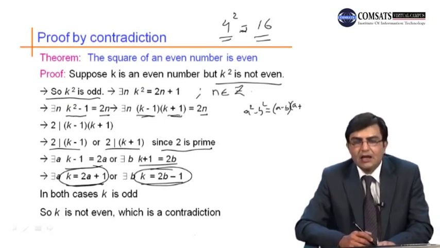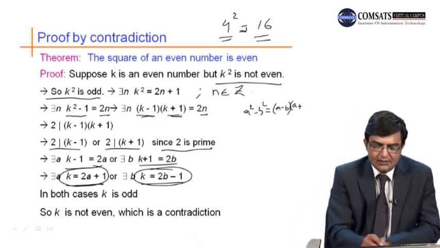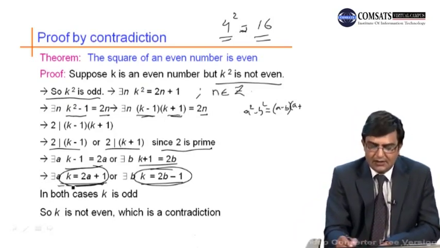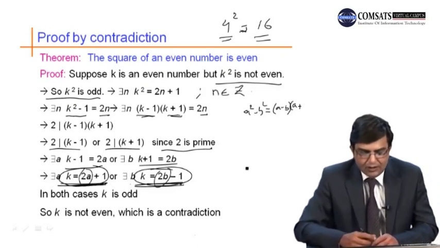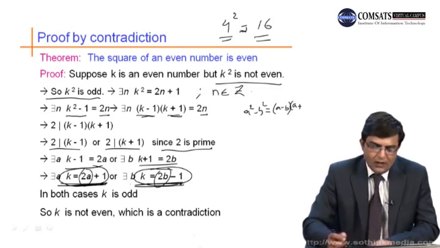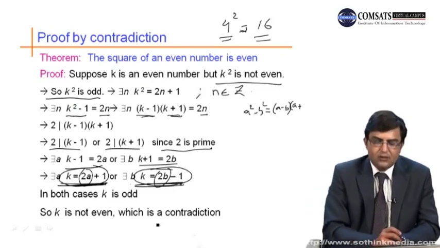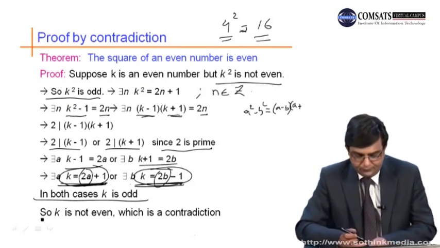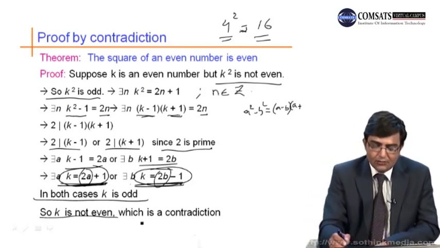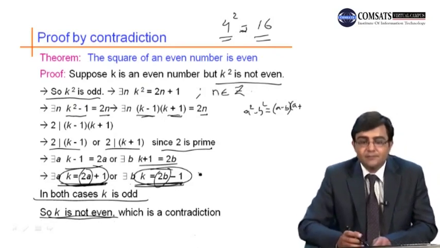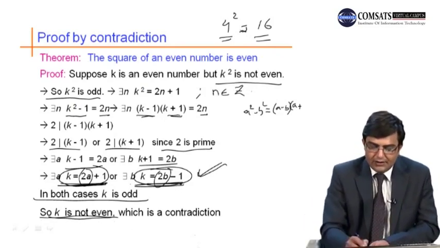It means that in this case k is odd, and in this case k is also odd, because 2a plus 1 is an odd number and 2b minus 1 is also an odd number. So in both cases k is odd. So k is not even. We have proved here that k is not even, k is odd, which is a contradiction.